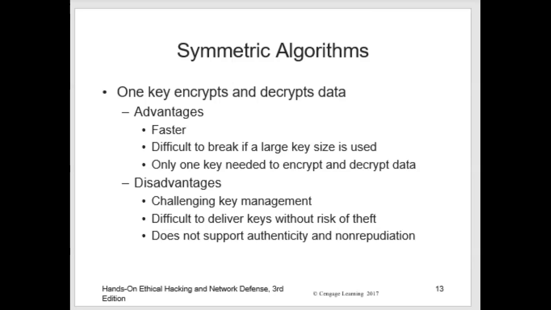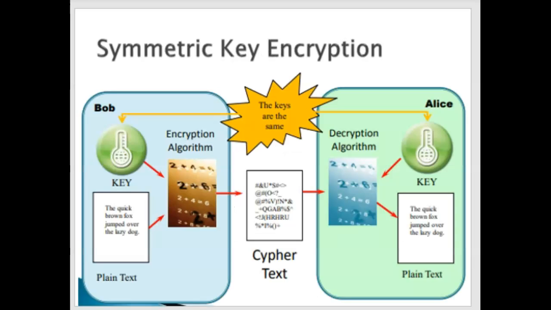That was summarized in the previous slide. So symmetric algorithms are fast, though. That's one reason we use them. They are perfect mechanisms for encrypting large blocks of data quickly, and they are difficult to break if a large key size is used.